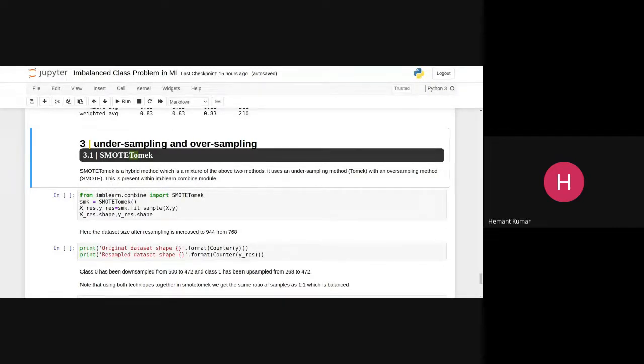So this is a hybrid approach. Some concepts belong to Tomek and some belong to SMOTE methodology. So again, it is from imbalanced-learn and it is a combination of these two techniques. So we are using here combine and then import SMOTETomek.